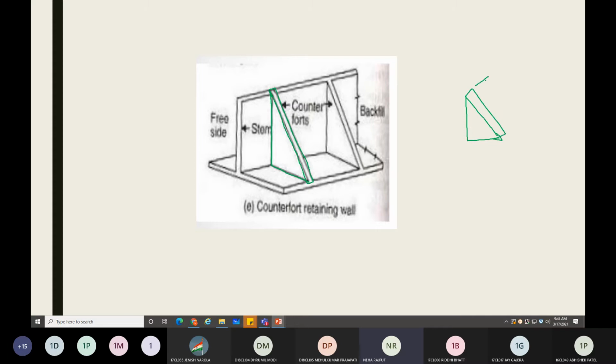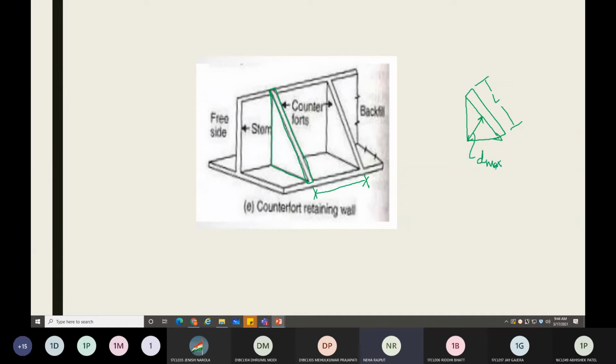Right. So this is known as length of the counterfort member, and this is known as distance between two counterfort members. This is called the length of counterfort member, and this is the maximum depth of counterfort member. अगर मैं ये सेंटर से लूँ तो मुझे maximum मिलेगा depth.